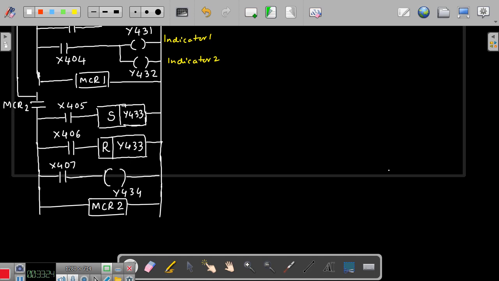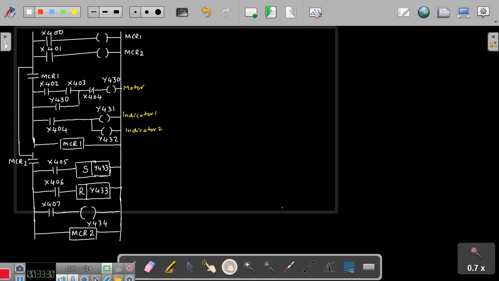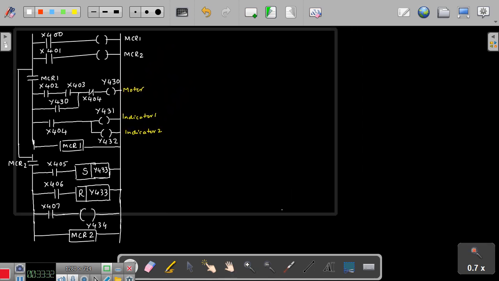So this is the overall ladder diagram as per our requirement. This is motor on. This is motor off. So this is main gate.